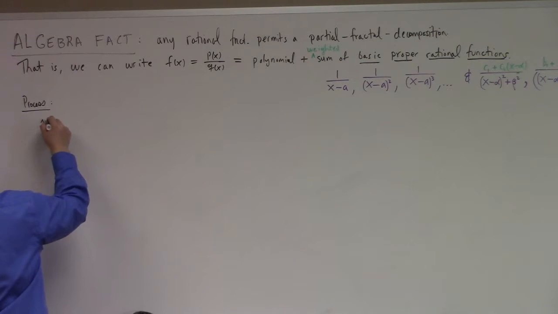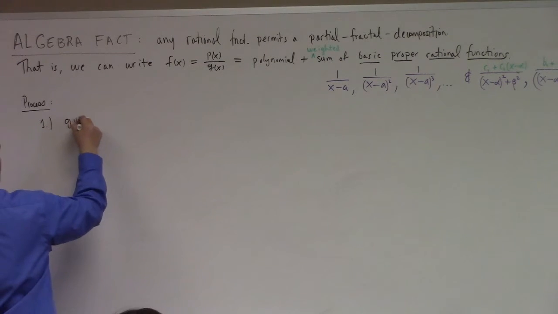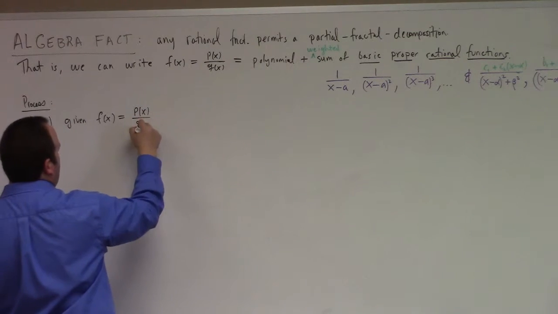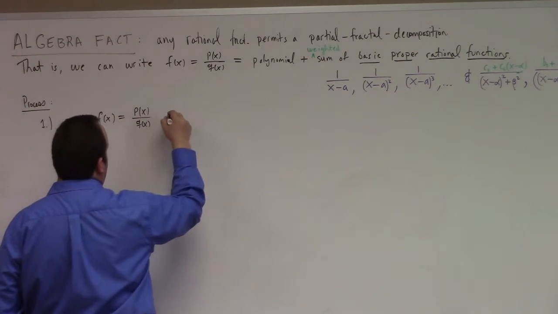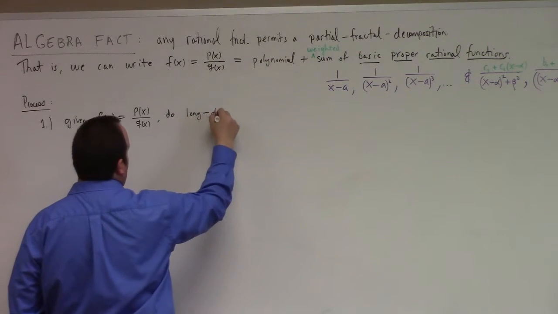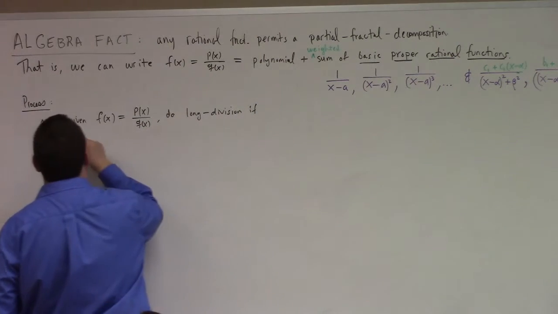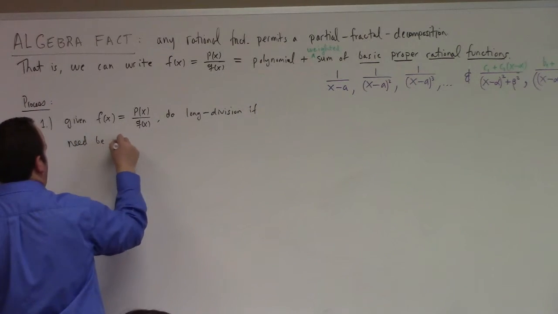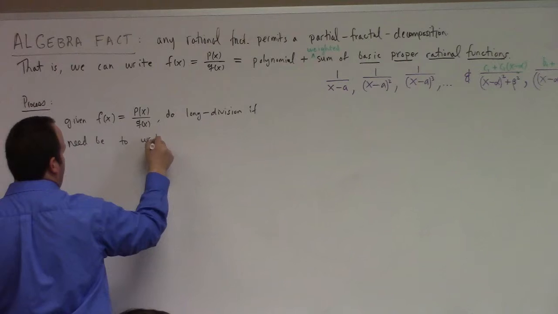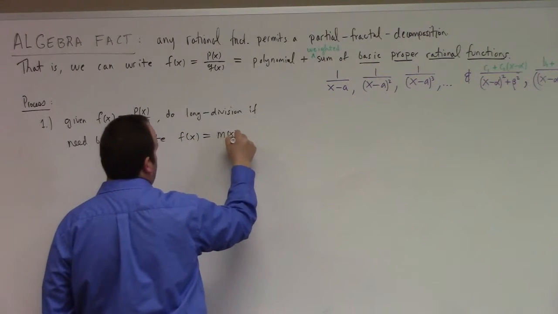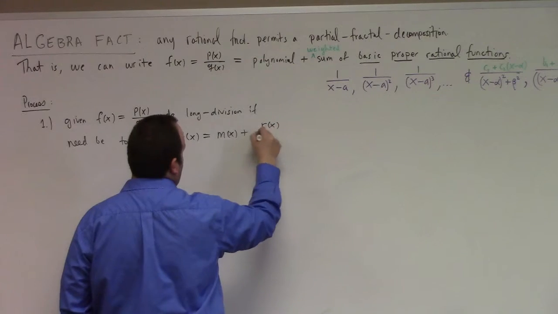Step one: you're given f of x equals p of x over q of x, and you do long division, if need be, to write f of x as something like m of x plus r of x over q of x.